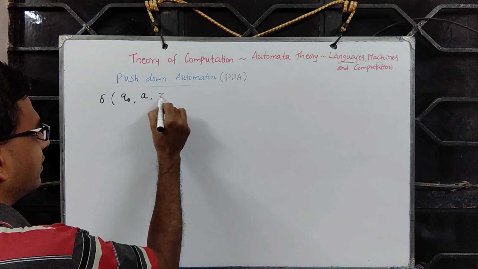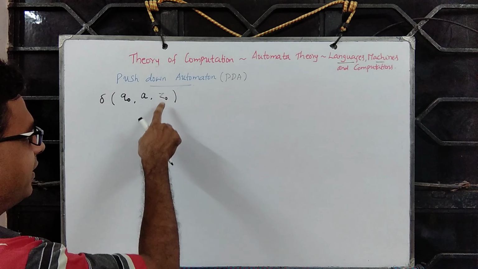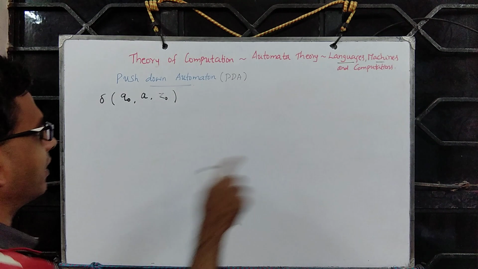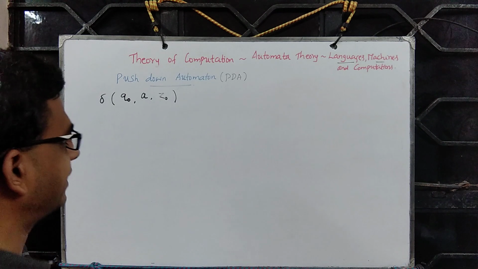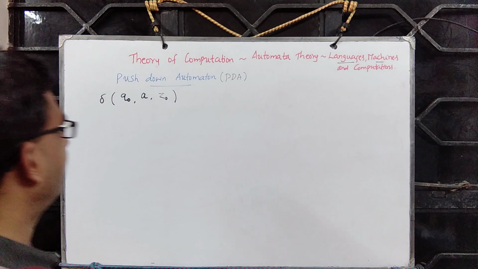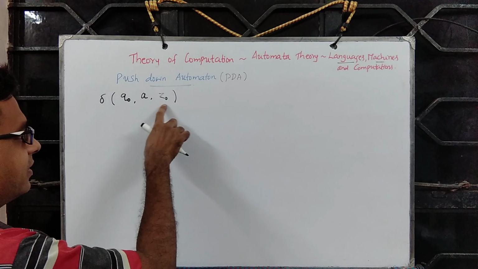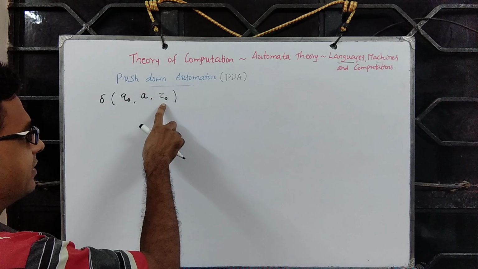To start with, it will be Z naught, which is why I've included Z naught as the start symbol, so that we would be able to describe formally what the automaton is doing, right? Otherwise, describing empty stack would be difficult. Instead, we say the start symbol is Z naught.